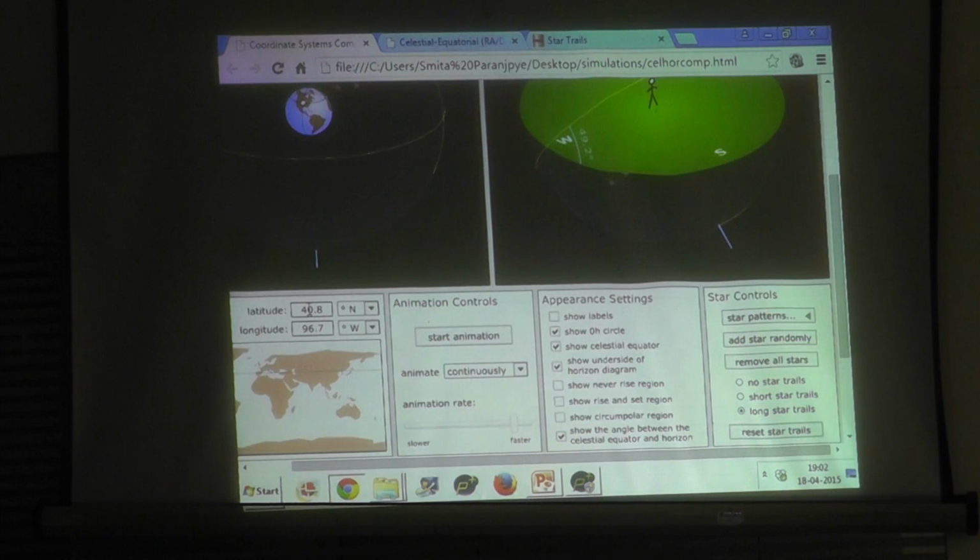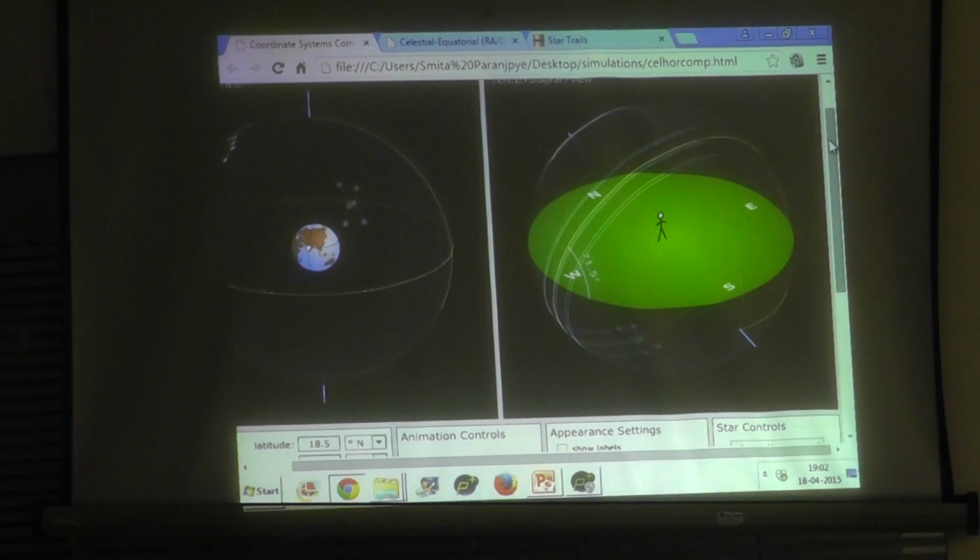First we will go to Pune's location, so we say 18.5 degrees north and 73.7 east, and we start our animation. We are at Pune's latitude right now, and this is how Orion looks, and you can see Saptarshi near the North Pole. They are going around in circles. Those who have come for these practical sessions or have done practical observing sessions before would have realized that this is how the general movement looks to us from Pune.